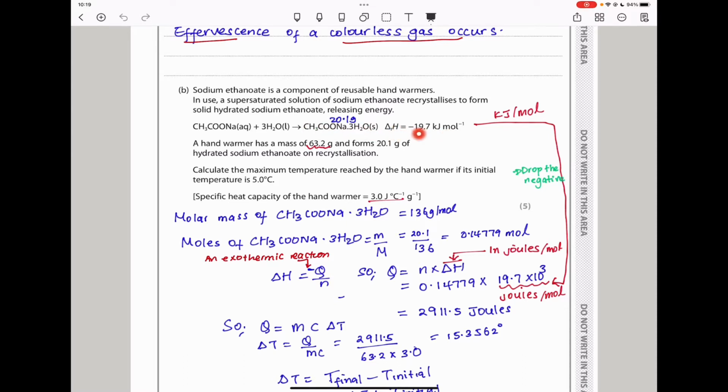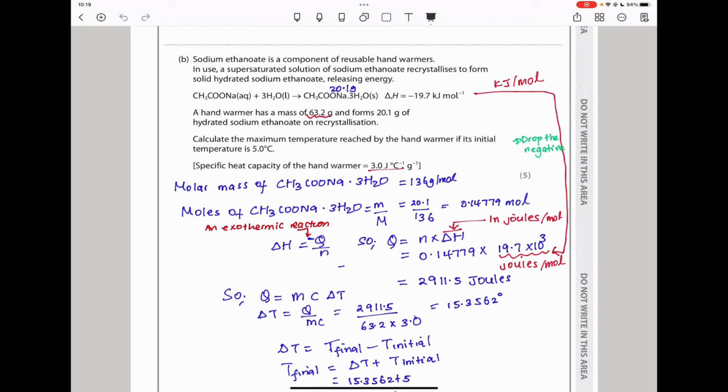And the enthalpy change for that reaction is negative 19.7 kilojoules per mole. Then they say a hand warmer has a mass of 63.2 grams and forms 20.1 grams of hydrated sodium ethanoate on crystallization. They want you to calculate the maximum temperature reached by the hand warmer if its initial temperature is 5 degrees Celsius.